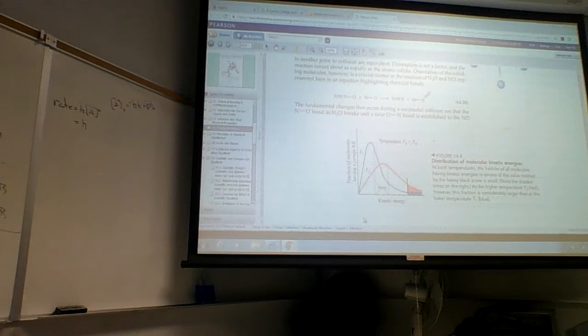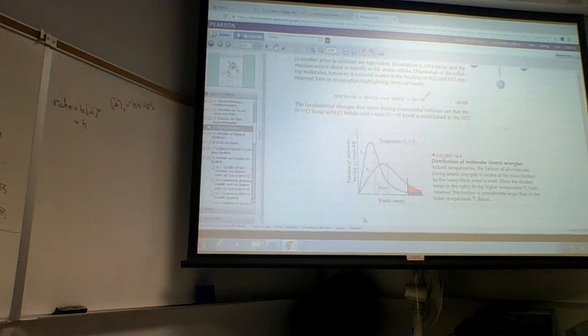Basically what we're looking at here is the population versus the kinetic energy, given by Petrucci as E sub K. And then we have this bar, E sub A here. This is population, and above this bar are the population of molecules that can overcome that hump. The mathematics that define this is an exponential function, actually.